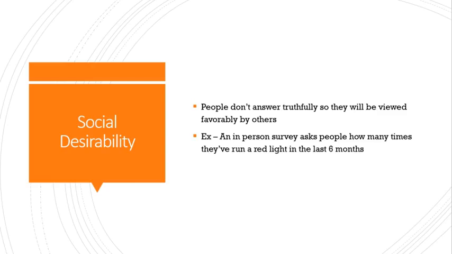So if you are interviewing people in person and you ask them how many times they've run a red light in the last 6 months, people might not be willing to admit to breaking the law in person. If they're filling it out on paper and it was anonymous, they might be more truthful. But anytime that things are in person or they have their names attached to it, people might not tell the whole truth if it's going to make them look bad. Okay, and that's it for bias.